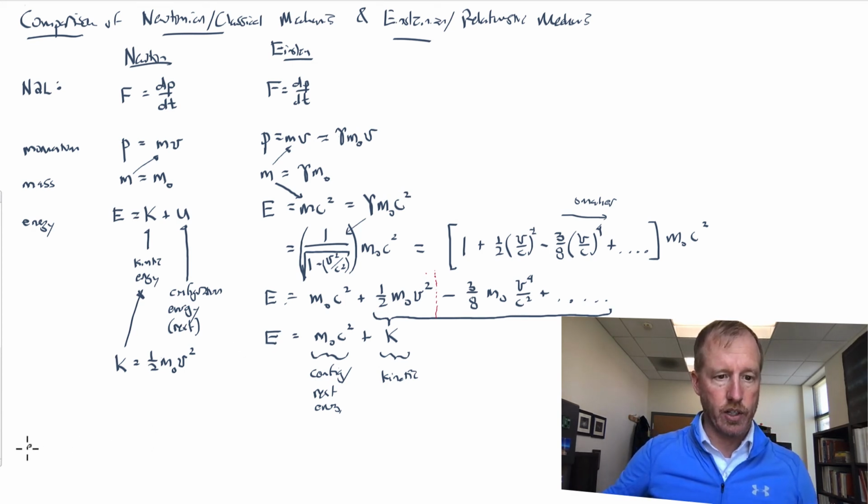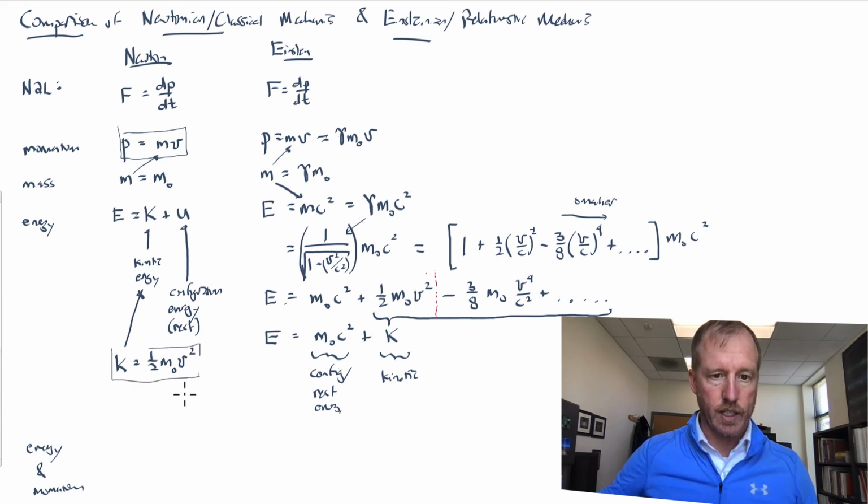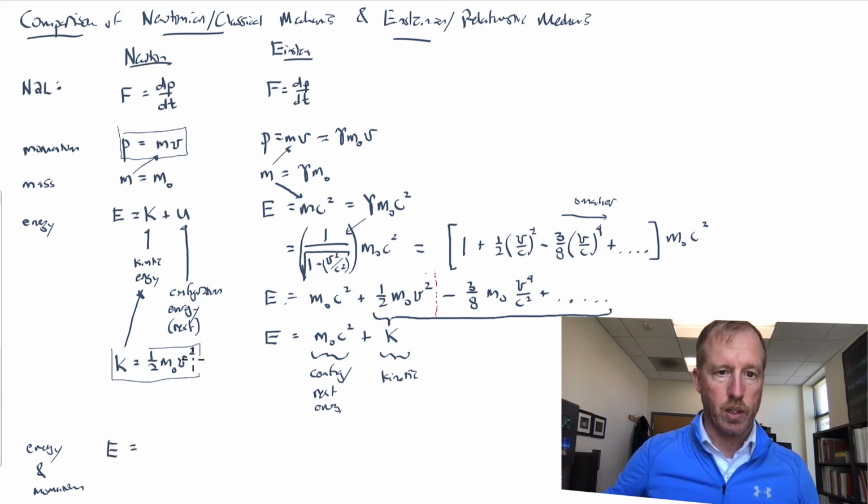What is the connection between energy and momentum? Well, if we were to put together our formulas for the momentum and the kinetic energy, one could write that the total energy of an object is the kinetic energy, and I'm going to plug in p over m for v right here.